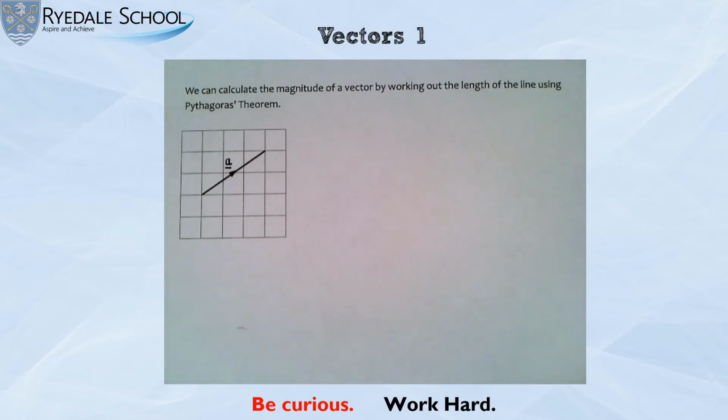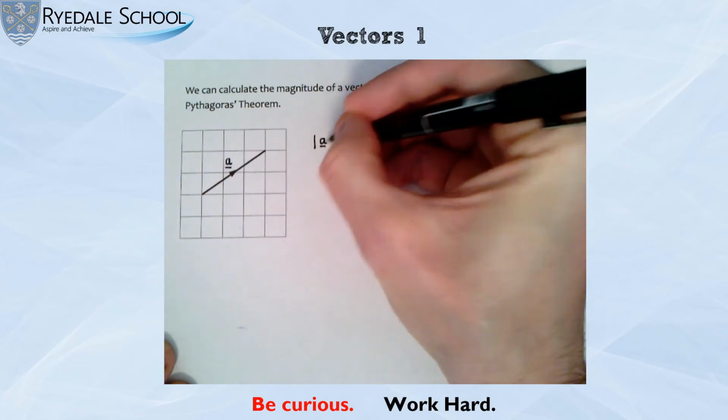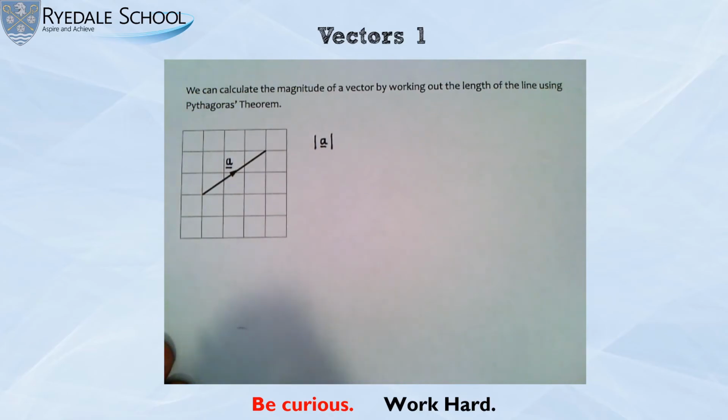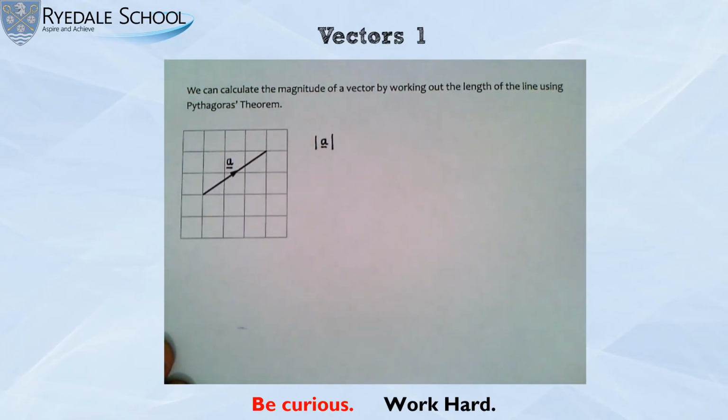And the magnitude can also be called the modulus. And the way that I write modulus is I just put the vector in 2 straight lines, okay? Certainly this notation is used a lot more at A level, okay?